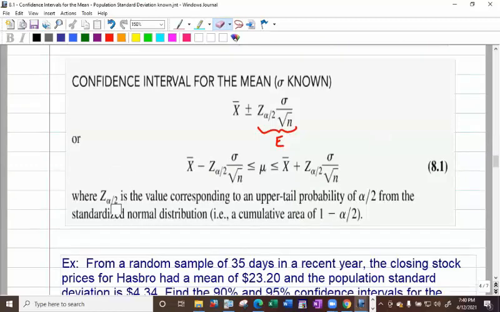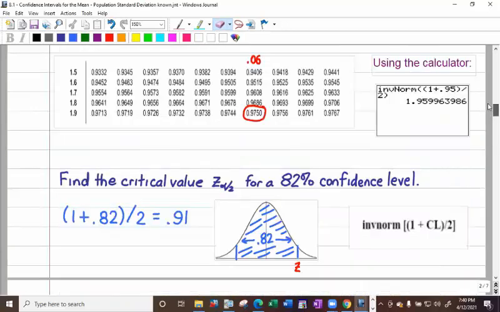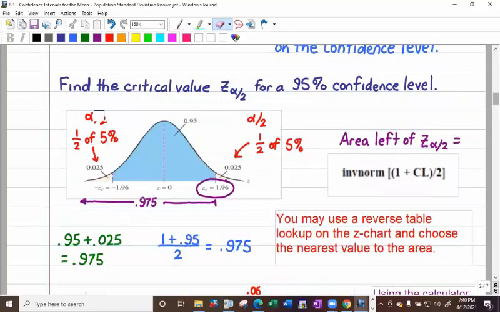I didn't explain what that alpha over 2 meant. I guess I could. You don't have to really know it, but if you want me to, I can go back up to that graph and tell you. The alpha over 2 is the piece of area that's, well, I kind of wrote it right there. It's that little piece right out here.